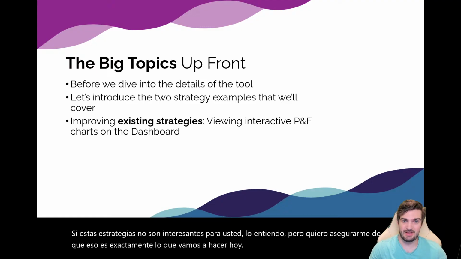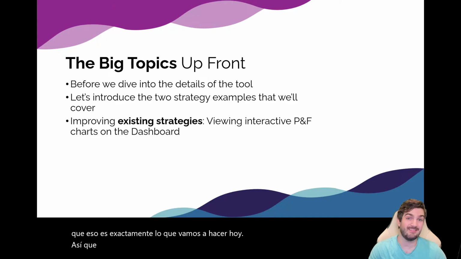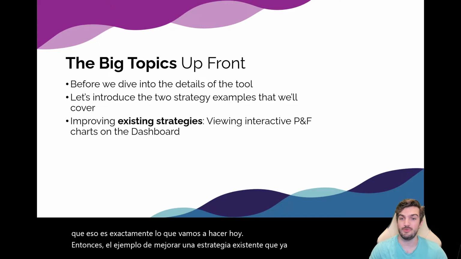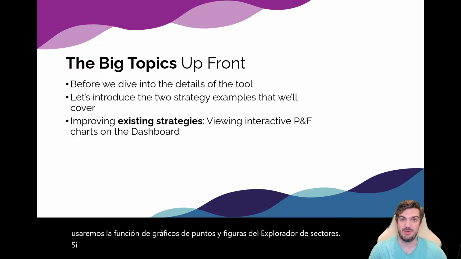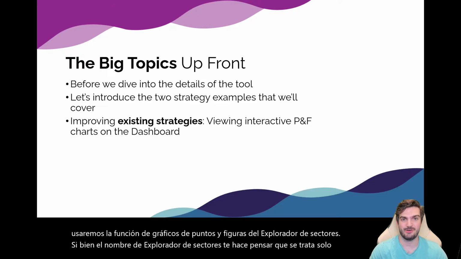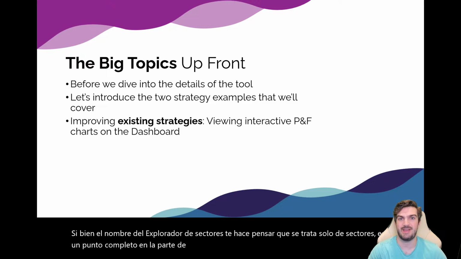So the example of improving an existing strategy that you might already be doing is that we'll use the point and figure charts feature of the Sector Explorer. While the Sector Explorer name does make you think that it's just about sectors, it is an entire point and figure chart tool directly in the dashboard.